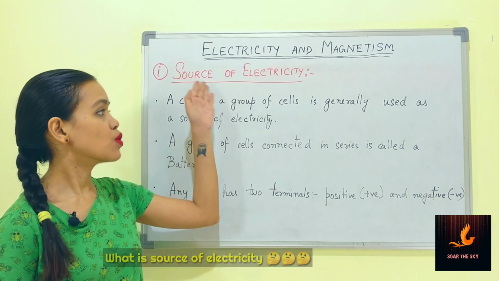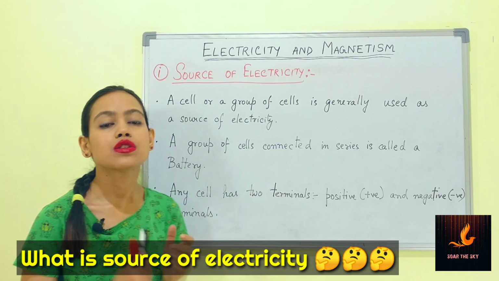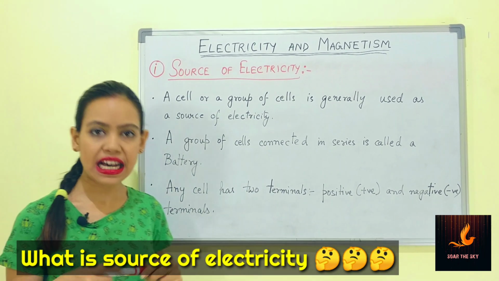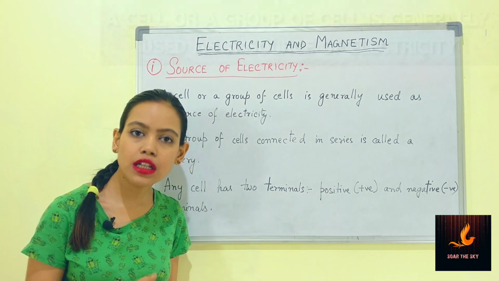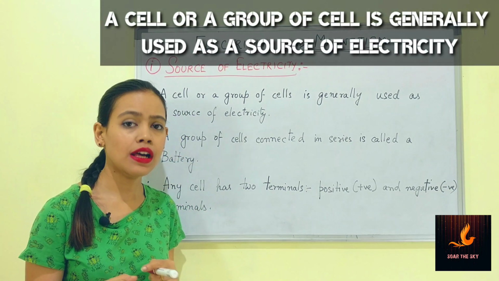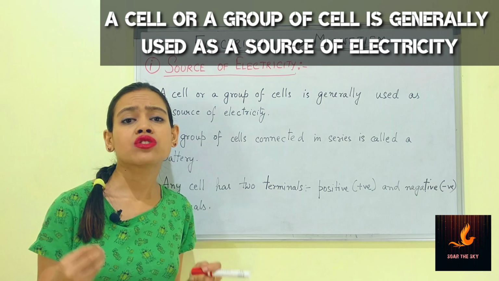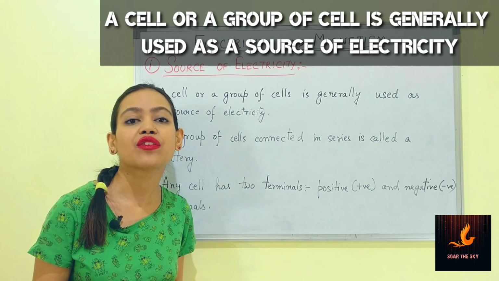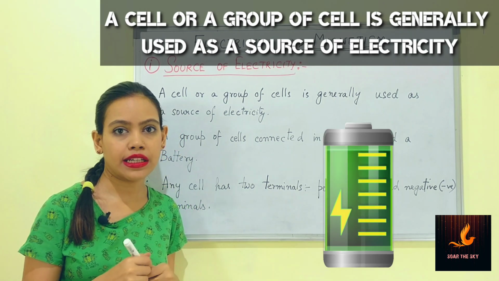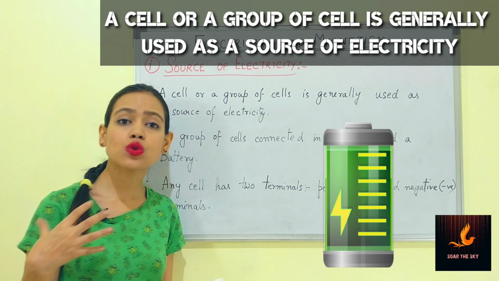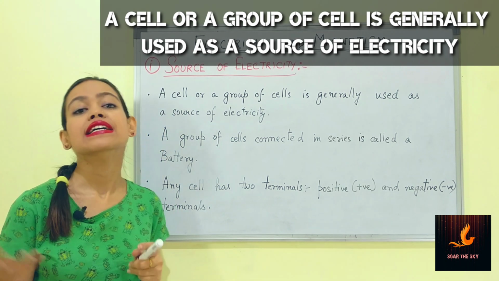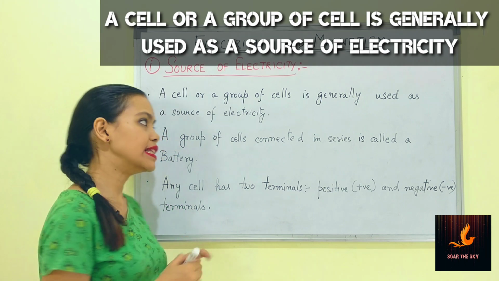What is a source of electricity? A source of electricity is nothing but a single cell or a group of cells which supplies the electric current in the circuit. It acts as a source of electric current by supplying electric current in the circuit.